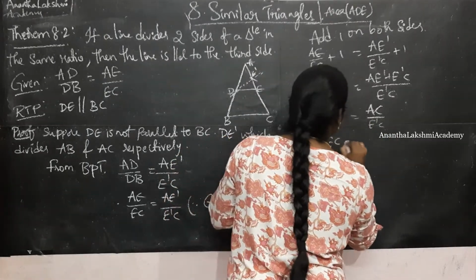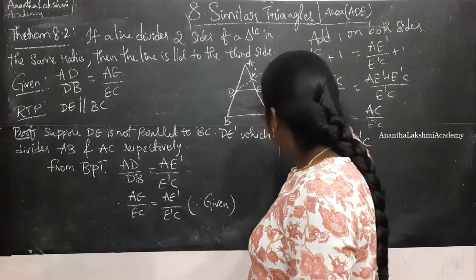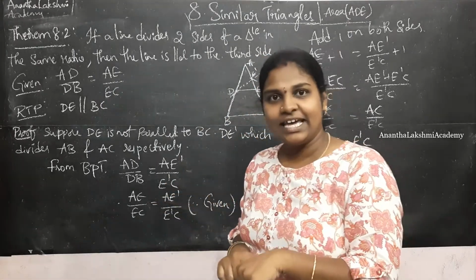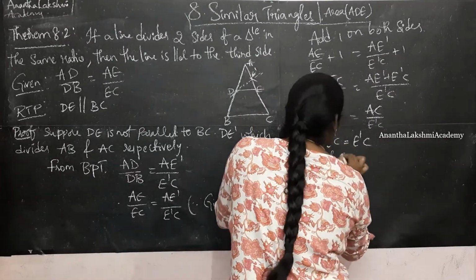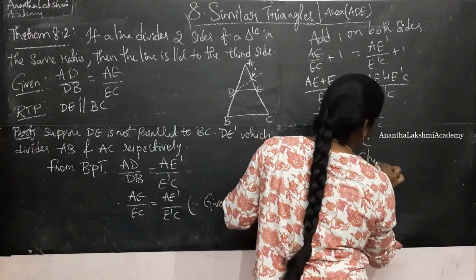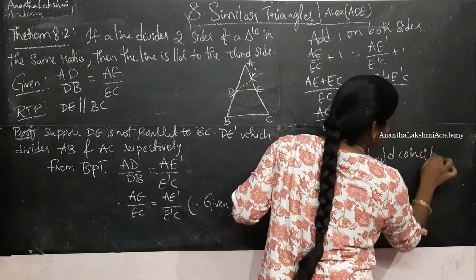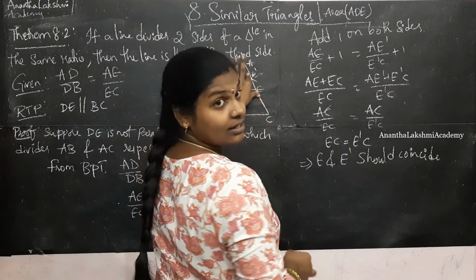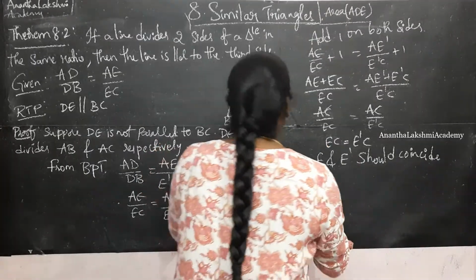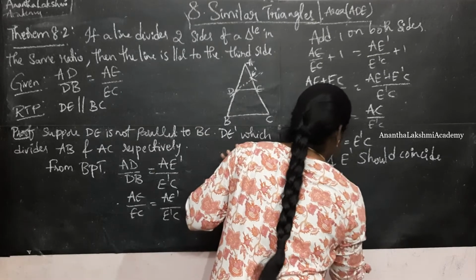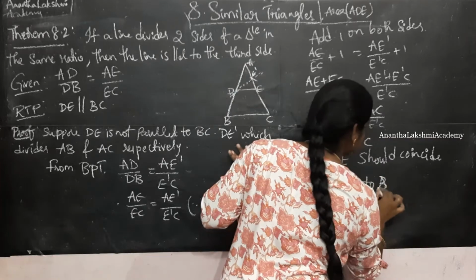EC is equal to E dash C. EC is nothing but E dash C, which indicates that E and E dash should or must coincide. When E and E dash coincide, what do we get? DE is nothing but DE dash. Hence, DE is parallel to BC.